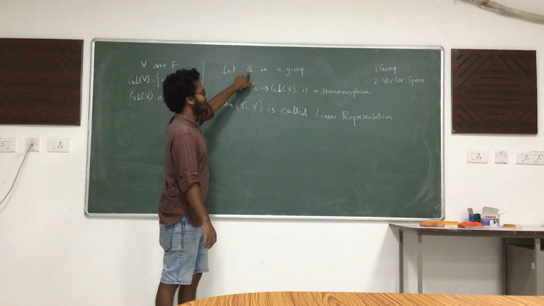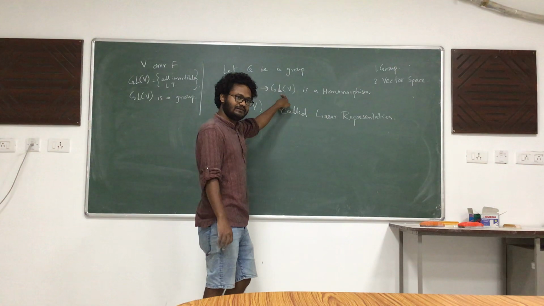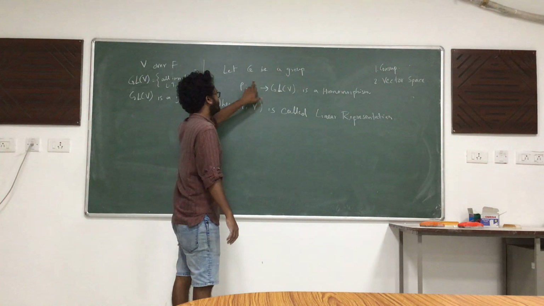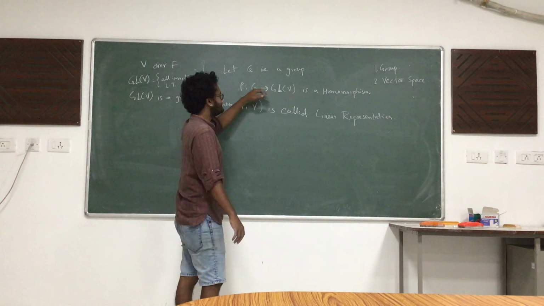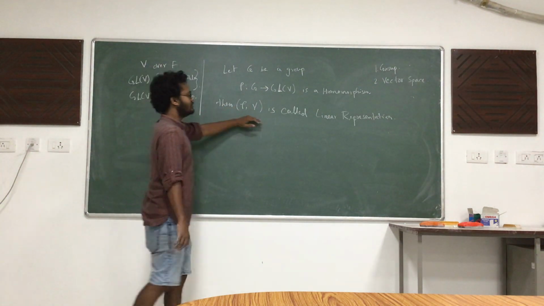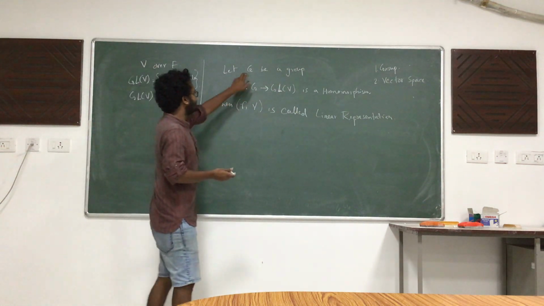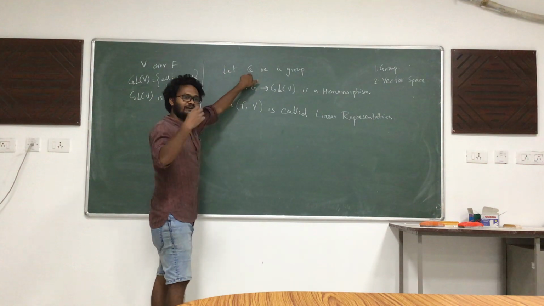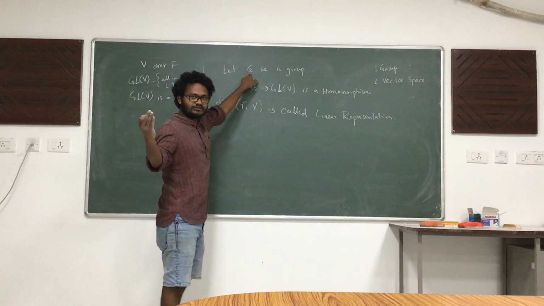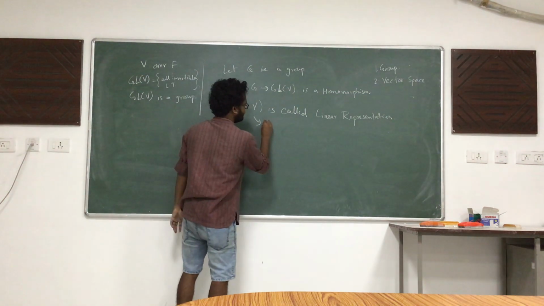It takes elements from G and sends them to GLV, and the structure of the group G is preserved. Then this rho along with this V is called a linear representation. So a linear representation of group G is a homomorphism from the group to the group of general linear transformations of vector space V. And V is called the representation space.